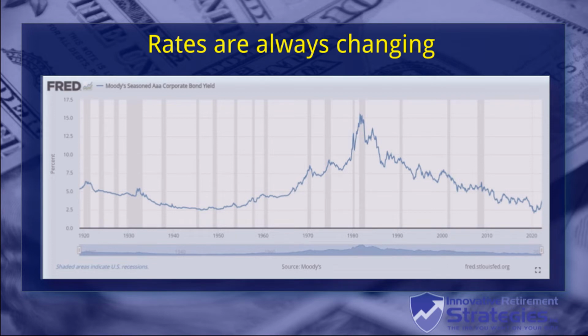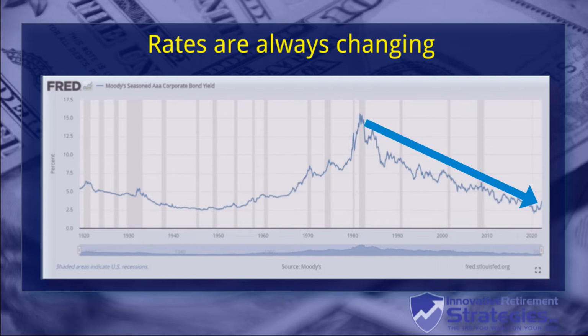So from the inception of the chart in the 1920s, you can see that interest rates were not steadily, but on a downward trend from 1920 until about 1950. And then from 1950 until about 1982, you can see that interest rates were generally trending upward to a max of around 15% in 1982.